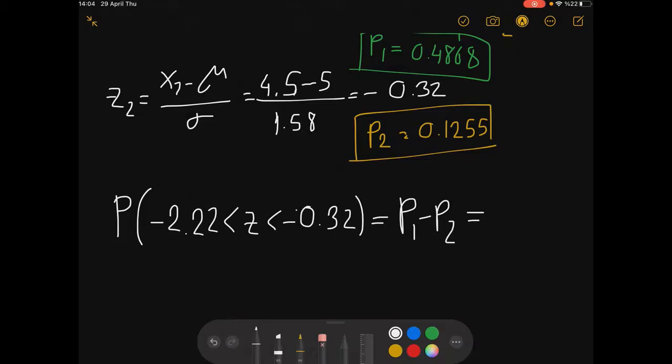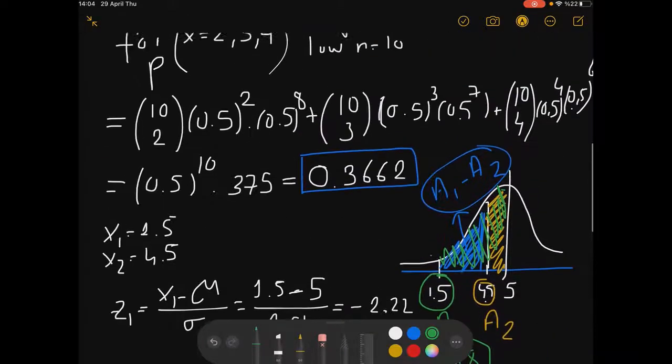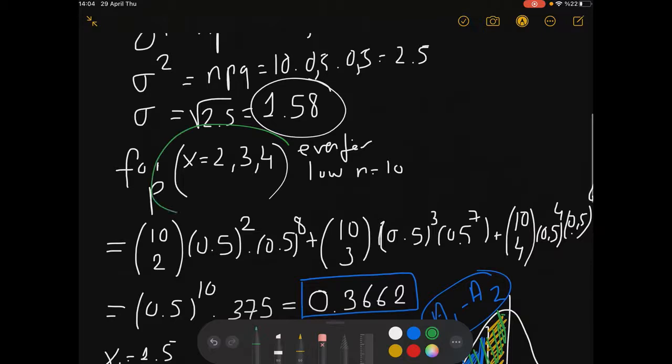So when you subtract them, that would be 0.3613. All right, this is your answer, and this is the answer to this question as well.